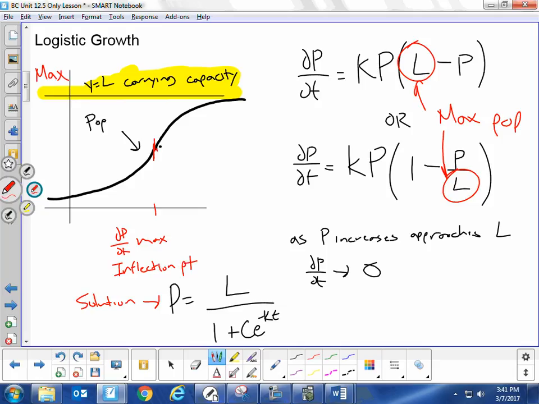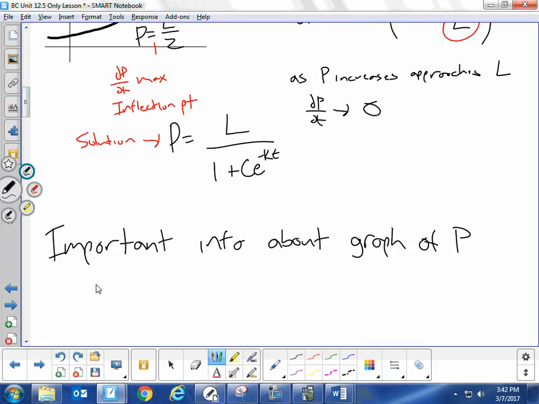And it can be shown, if we look at the second derivative and solve, that this is at half of your carrying capacity. This is when P equals L over 2. The most important thing. It's where we stop growing exponentially quickly.